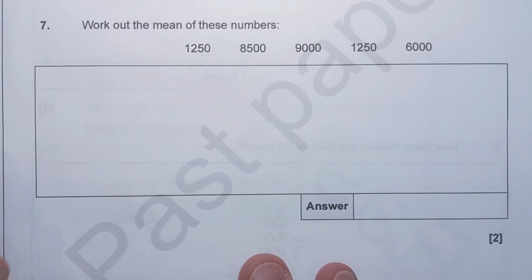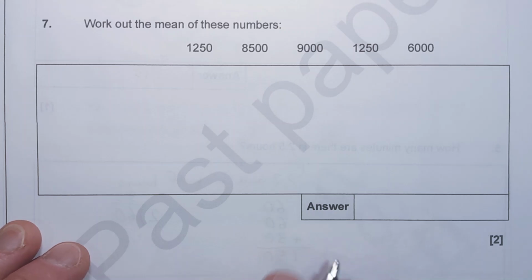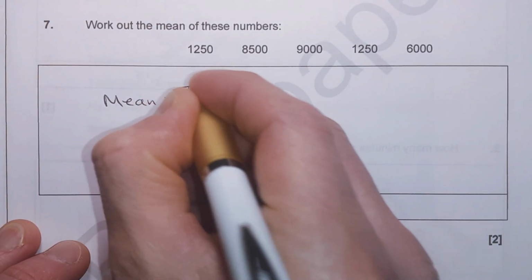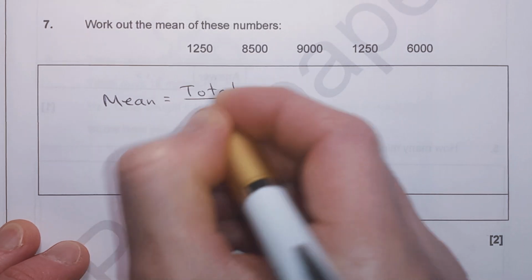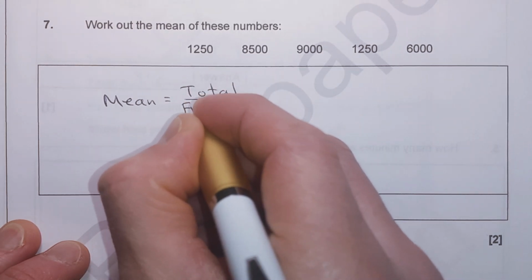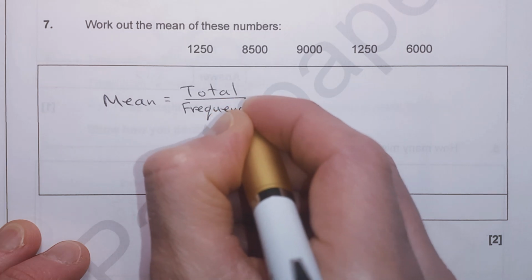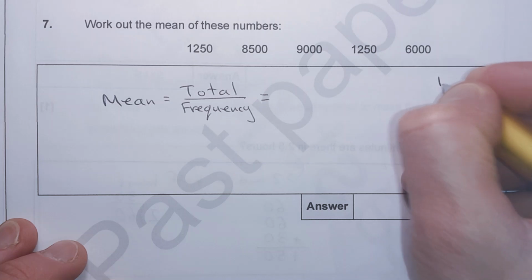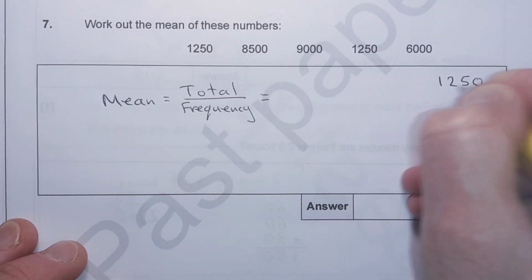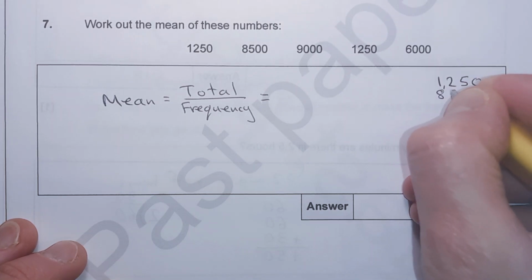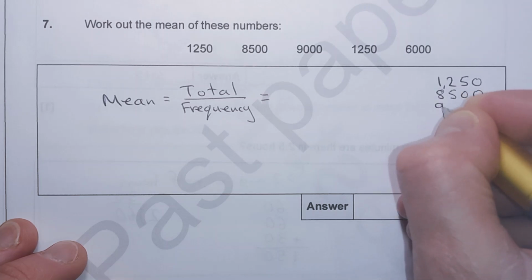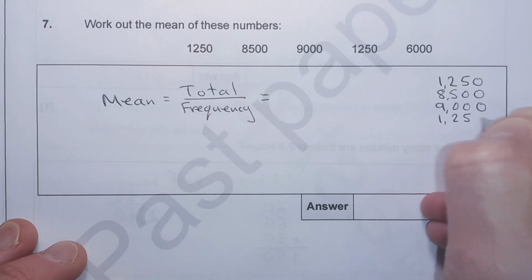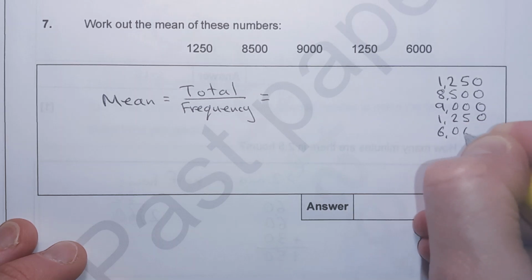Question 7 now. Work out the mean of these numbers. Well, the mean is equal to the total divided by the frequency, or how many we've got. So for the total, we need to add these all up. So 1,250, 8,500, 9,000, 1,250 and 6,000.